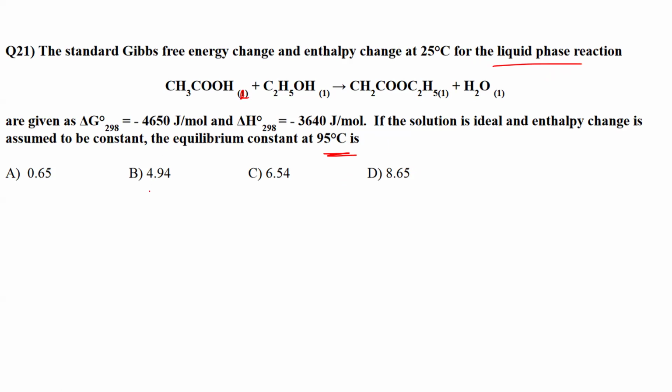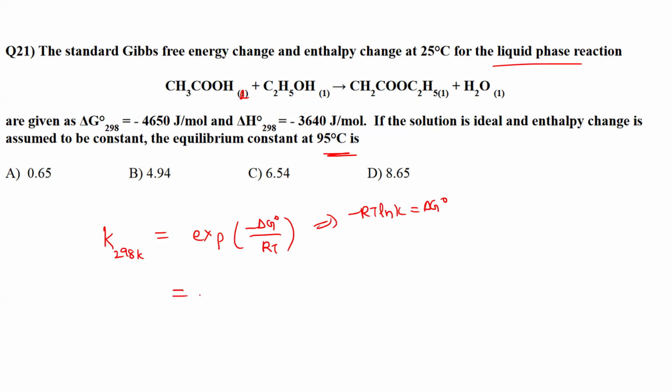So since I have delta G naught, I can find K at 298 Kelvin equal to exponential of minus delta G naught by RT. This is the same as minus RT ln K equal to delta G naught. Okay, the same thing is there.